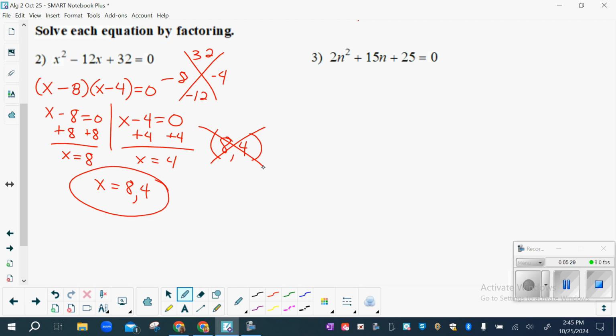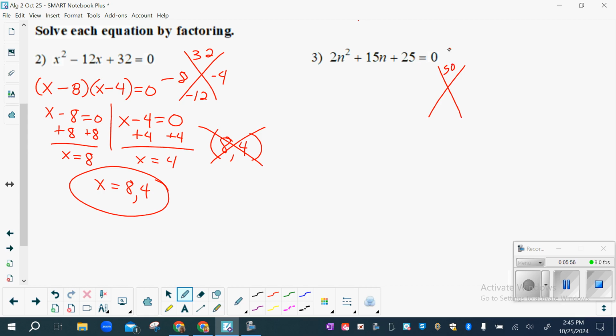Number 3, is that in standard form? It's equal to 0, in descending order: exponent of 2, exponent 1, and then no exponent. So now we're going to factor. How do we factor this? What do we put up on the top? 50. How'd you get that, Will? 3 times 25.